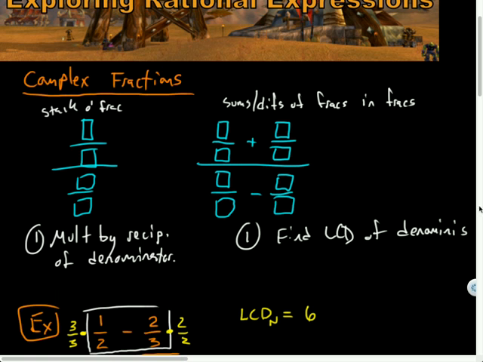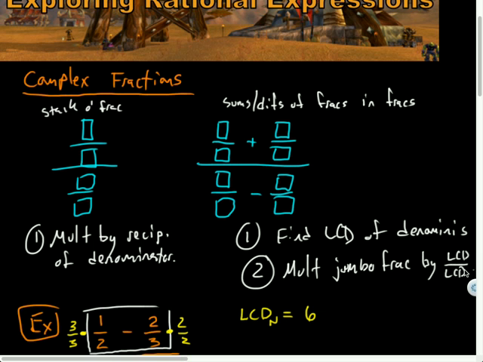But anyways, so with that LCD, I would multiply the jumbo fraction by LCD over LCD. So that's my general approach, and it ends up working a lot better.